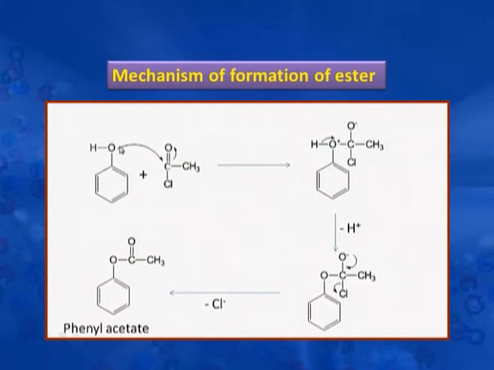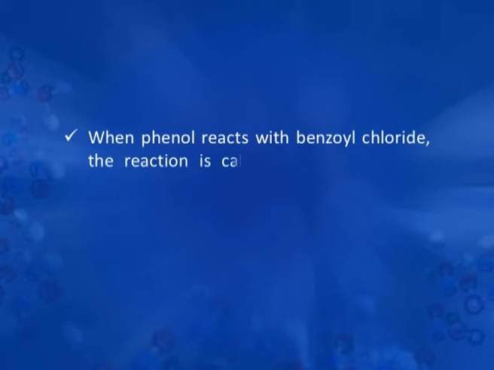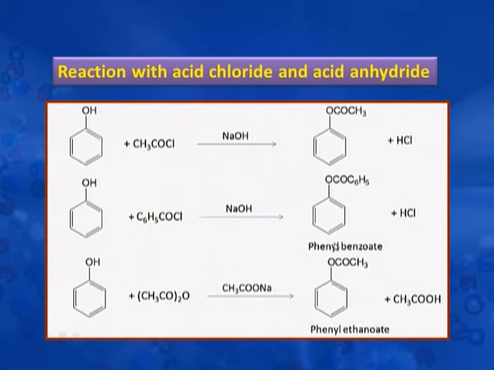This is an example of nucleophilic substitution reaction. When phenol reacts with benzoyl chloride, the reaction is called the Schotten-Baumann reaction, which we have already discussed in the earlier slide.